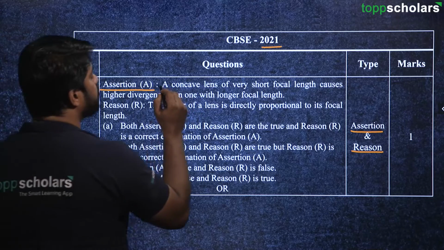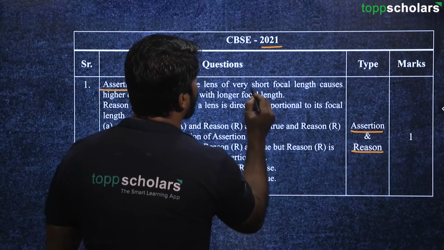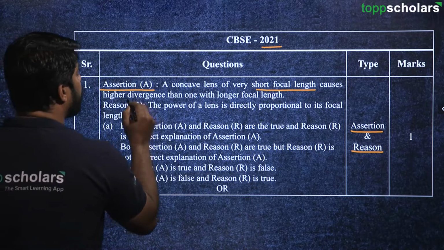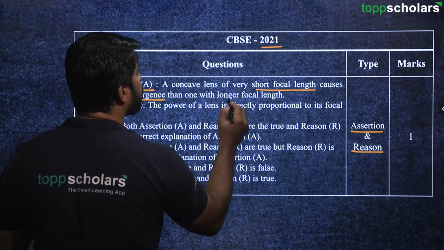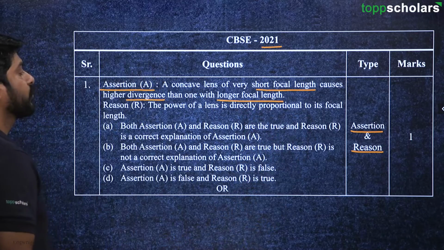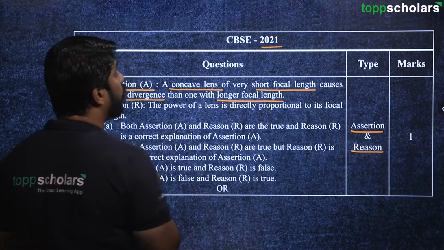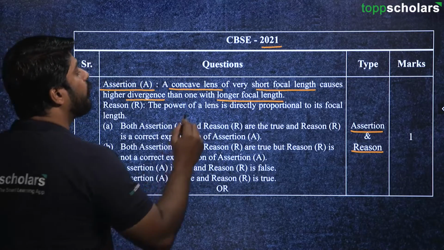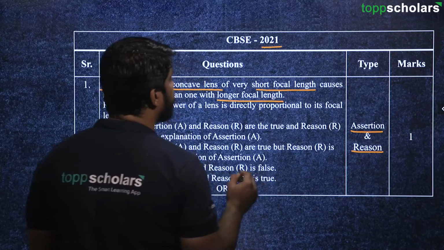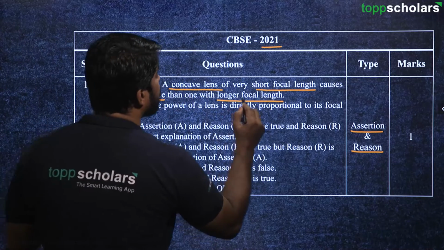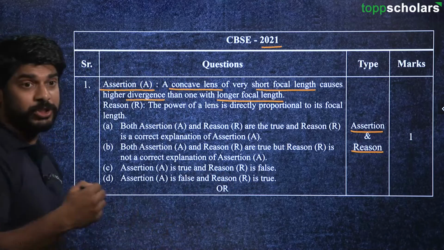Assertion says a concave lens of very short focal length causes higher divergence than one with longer focal length. So here they are saying that a concave lens of very short focal length causes higher divergence than one with longer focal length. So definitely this is true, isn't it?